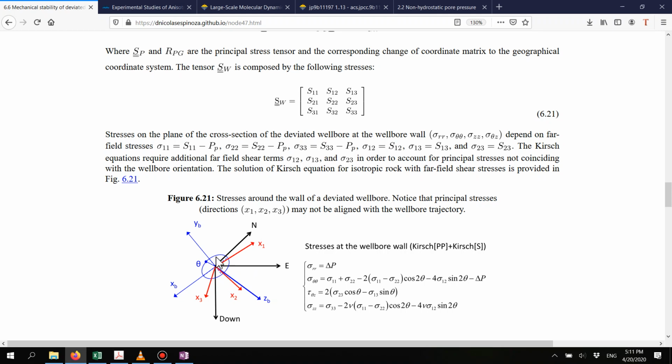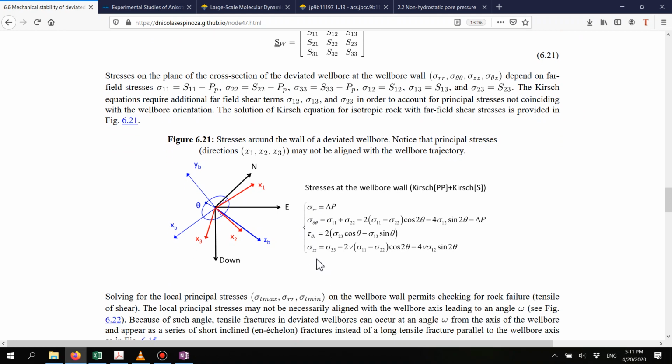So similar to what we did with the Kirsch equations, we're going to compute the radial stress, the tangential stress or hoop stress, and the stress in the direction of the wellbore, the axial direction. But we are also going to have in this case an additional term, which is a shear term in the direction theta z.